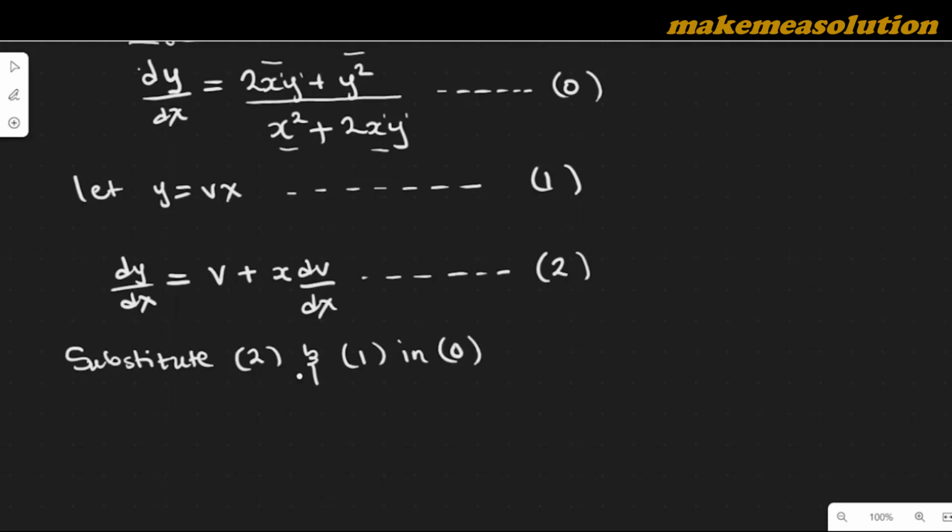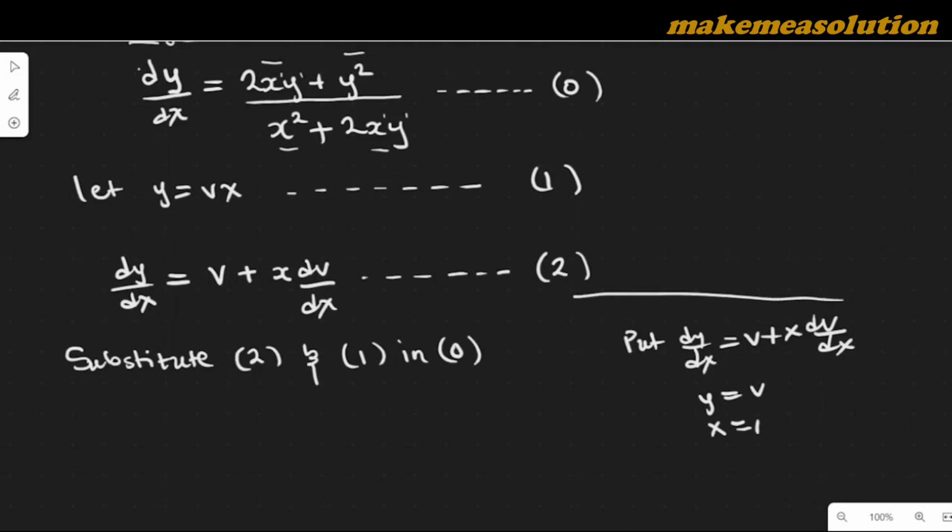Of course, remember the rules. Put dy/dx to be v + x dv/dx. So every y changes to v, every x changes to 1. So this is my shortcut, the one I normally use. I'm giving it to you to make things simpler for yourself.